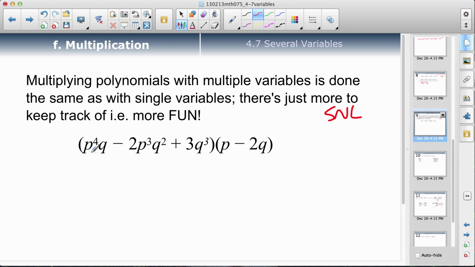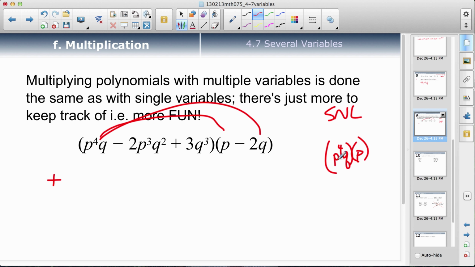So if I'm multiplying these two, I have to do the distributive property with this one. I'd have to go that times that times that. So p to the 4th q times p. If it helps you to write it off to the side, p^4 q times p, you can do that. But really, you're multiplying signs, so positive times positive is going to be positive.